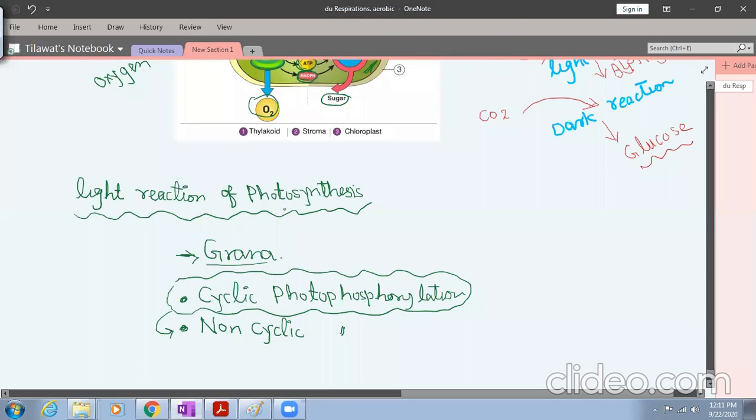Now, light reaction of photosynthesis happens in the grana part of chloroplast. So what is the important thing present in this grana in which this reaction is happening? The important thing in grana is actually pigment. Grana contain pigment.